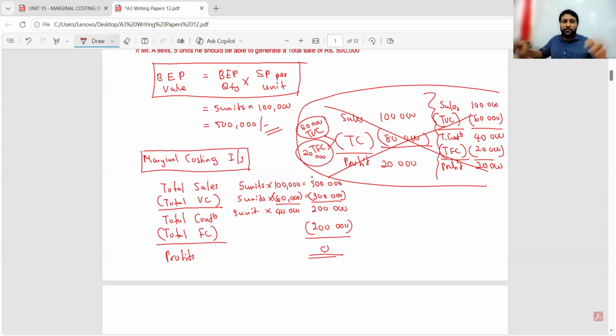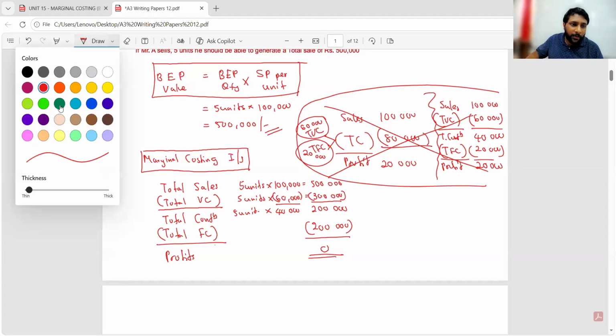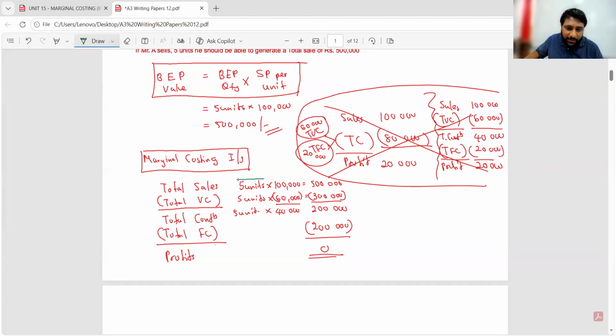So now I know I should sell 5 units. By selling 5 units, I should generate a sale of how much? 500,000. Then my profits will be 0. All the cost will be covered. Losses also 0. So 5 units is what, people, everyone tell me, that is the break-even point, units or the quantity.